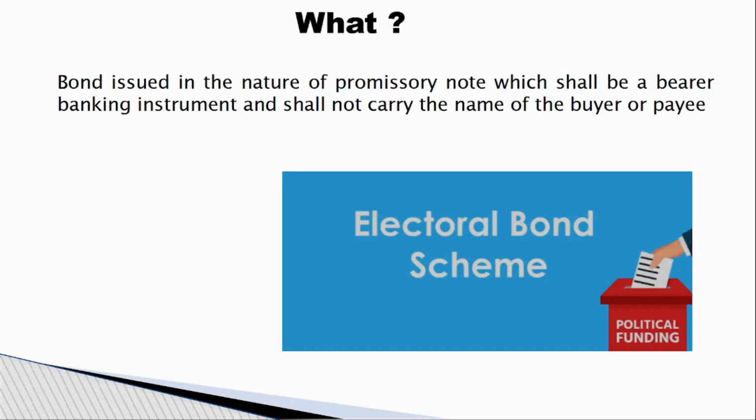If I am holding 100 rupees, this is my value. Same like that, these electoral bonds will not contain who is the buyer and who is the payee. So if you buy the bond and give it to any party, that money can be taken by the party. So these are the bearer banking instruments.